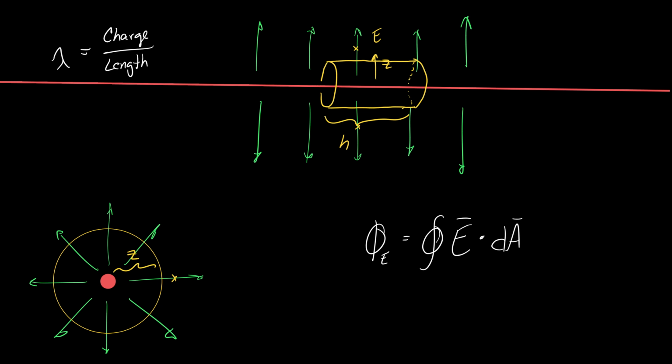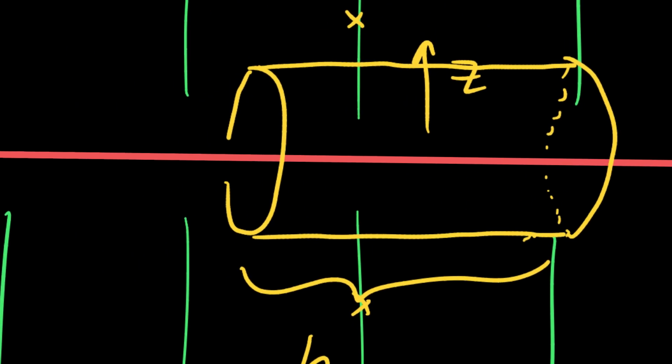That's a complicated statement, so let's zoom in right here. Can you kind of see that the direction of the area of the top has to be this way because it has to be perpendicular to the surface, and the direction of the electric field at that point is this way because it has to be perpendicular to the line.